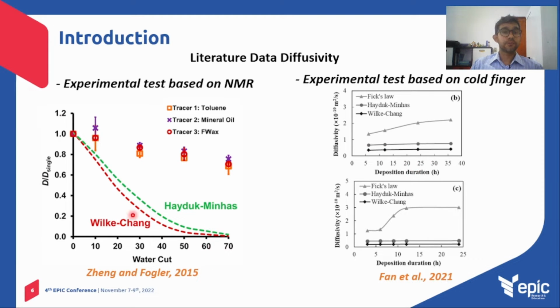We can see in the first one that the Hayduk-Minhas correlation and Wilke-Chang correlation can't predict exactly the real, experimental diffusivity. We can see the same behavior in the second data, where again Wilke-Chang and Hayduk-Minhas can't predict the diffusivity. In this case, the test was done using two different oils and the same behavior was observed.